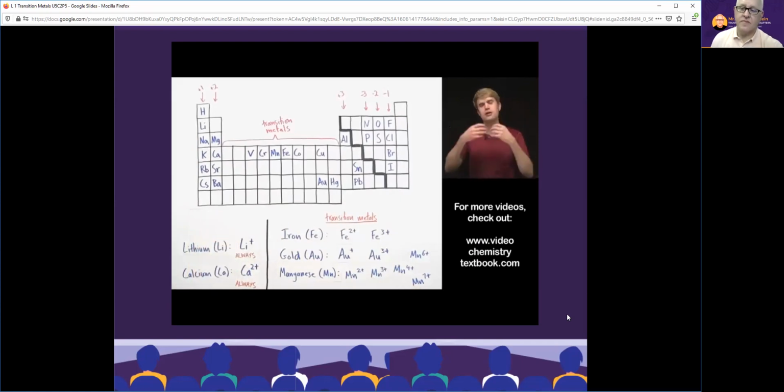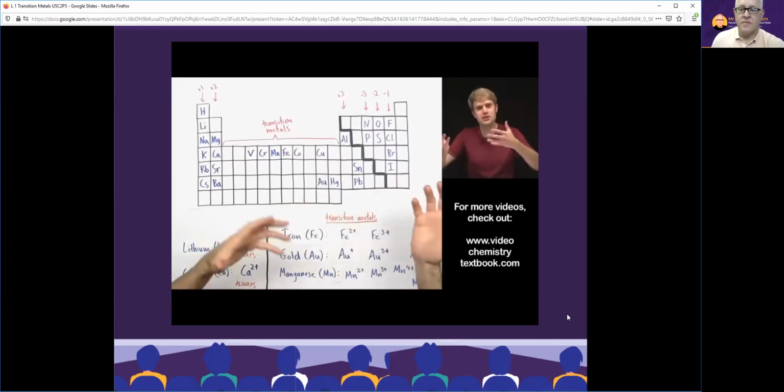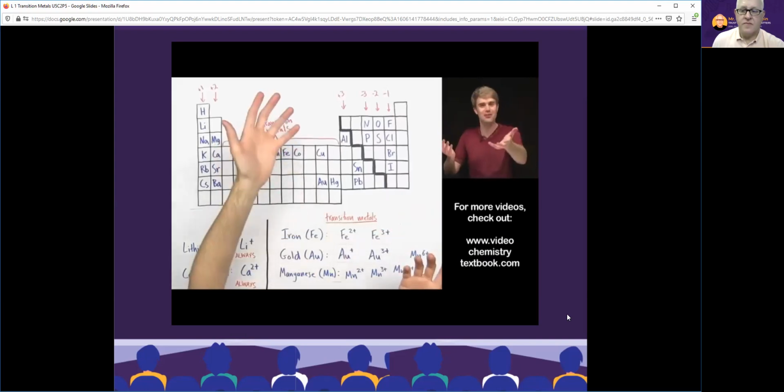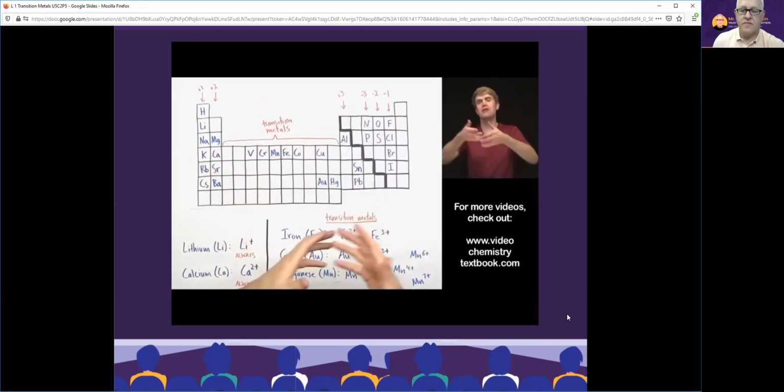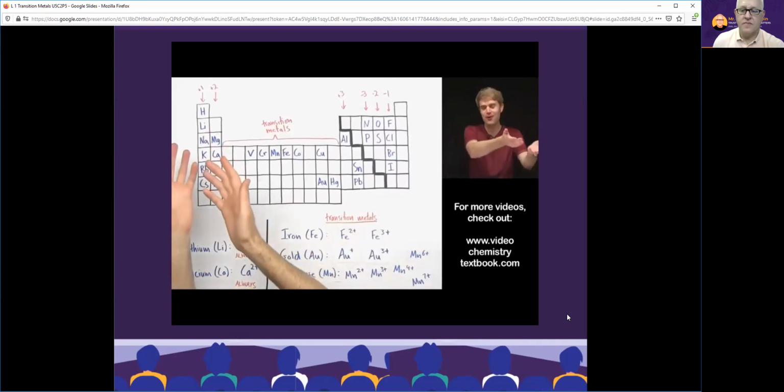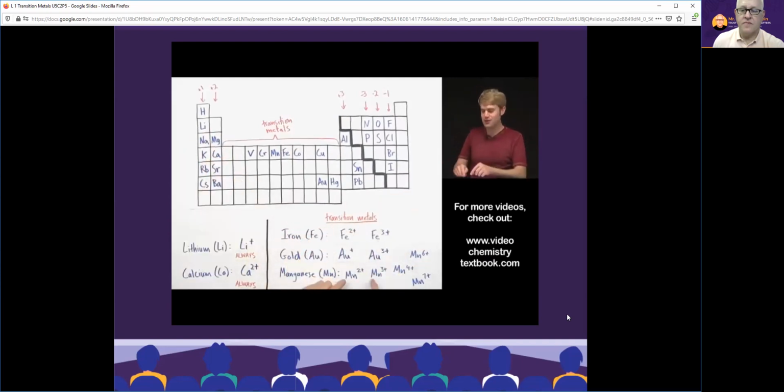Essentially, the transition metals are more loosey-goosey with the electrons that they give away. They're not set on giving just one away or two away. They can give a couple away, they can give a couple more away, and so that's how you end up with these ions that have varying amounts of positive charge.